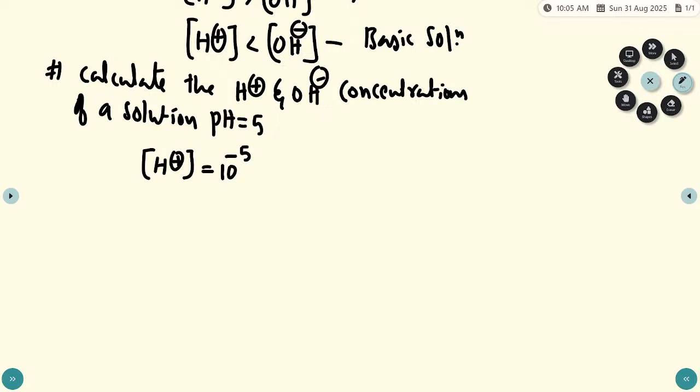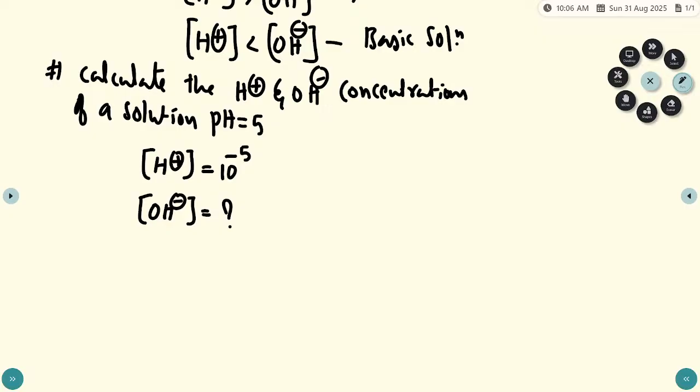Okay, and then the concentration of OH minus ion is equal to... So how can you calculate the concentration of OH minus ion?